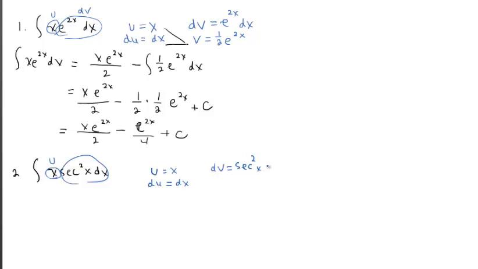Easy enough, the antiderivative is going to be tangent. The antiderivative is equal to the ultraviolet minus the voodoo.